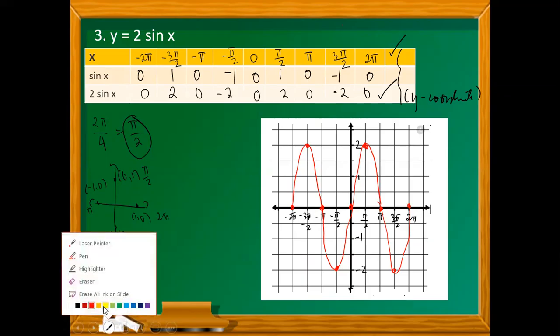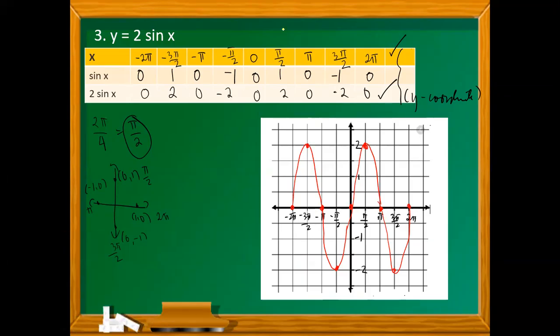And with that, we associate that with amplitude. The amplitude is always equal to absolute value of A. Now, if there is no value before sine, that would mean amplitude is equal to 1.